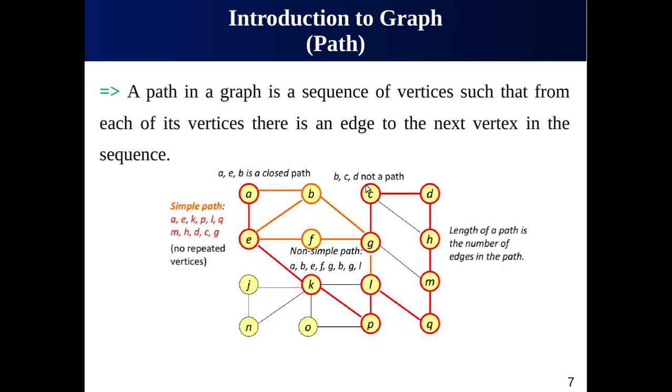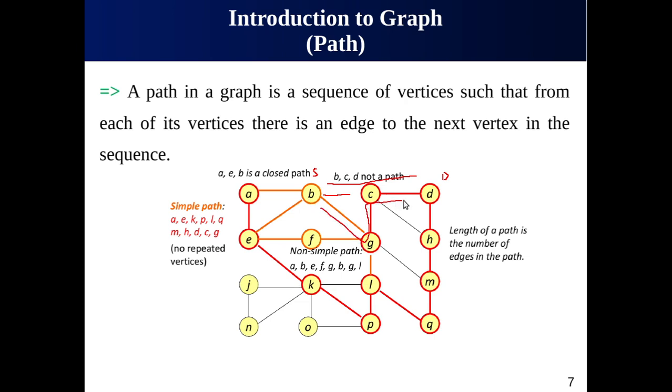Another concept related to the path is what is not a path, and we saw it in the definition. If you want to move from source to destination, your source is B and your destination is D, and you want to follow this route, B to C and C to D. That is not possible because we do not have a direct path between B and C. You can say that there is no direct path available between B and C. So you cannot reach D by following C, although there are other options available.